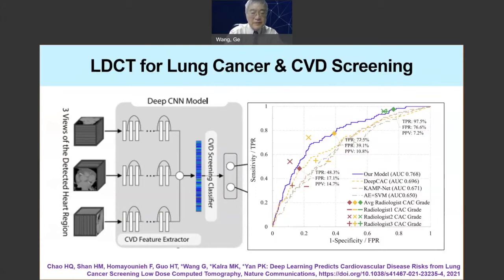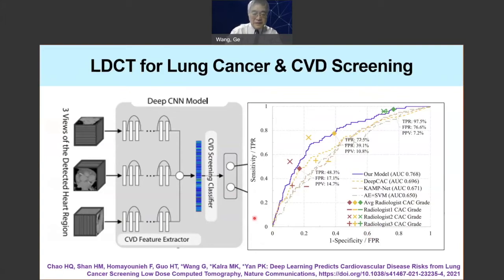So this is machine learning performance compared to radiologists' reading based on ECG-gated cardiac scan. That's the clinical standard. And for this deep learning performance, we just do retrospective processing of low-dose CT images. You see the performance is somewhat comparable.